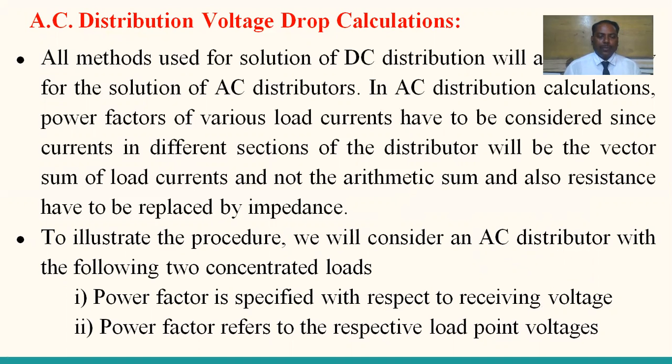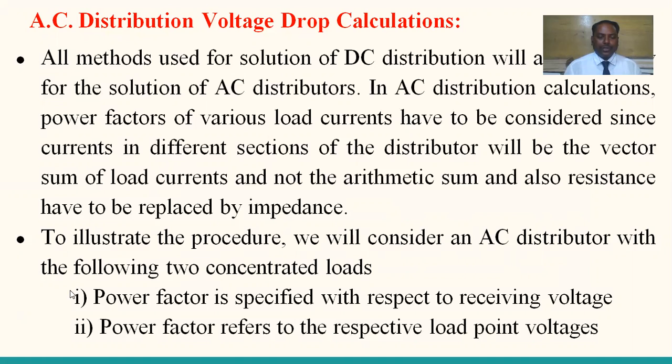So simply, the differences between AC distributor and DC distributor voltage drop calculations are: number one, power factors are considered in the case of AC distributors, and simultaneously the resistance has to be replaced by impedance. These are the two major differences compared to DC distributors, and the rest of the process is similar for calculation of voltage drop.